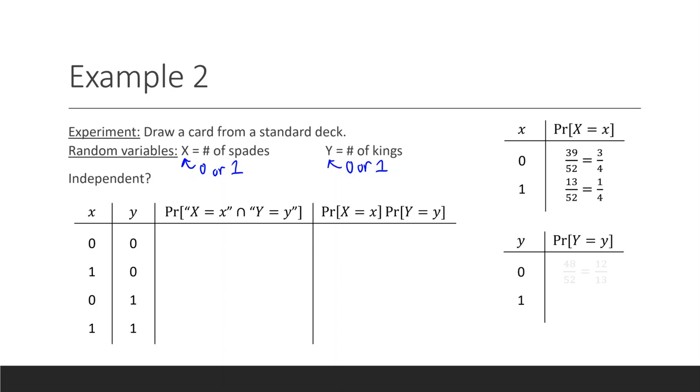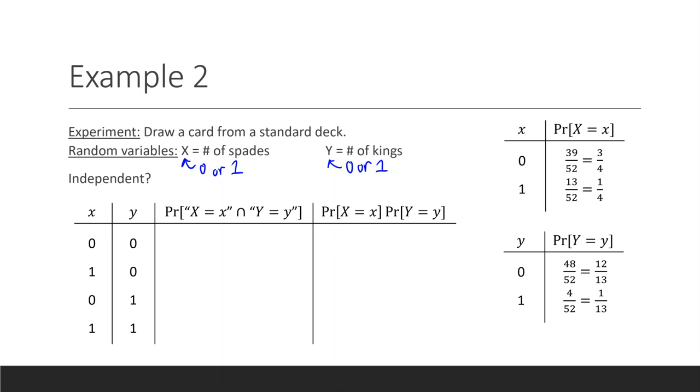Since there are 48 cards which are not kings out of 52, there are 12 out of 13 which are not kings. And so there's a 12 out of 13 probability of getting no kings. And so there's a 4 out of 52 chance or 1 in 13 chance of getting a king. Okay, so let's try and fill in this first row.